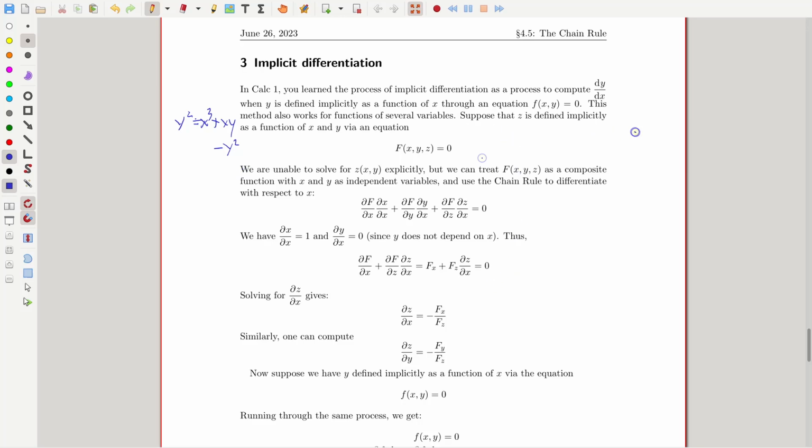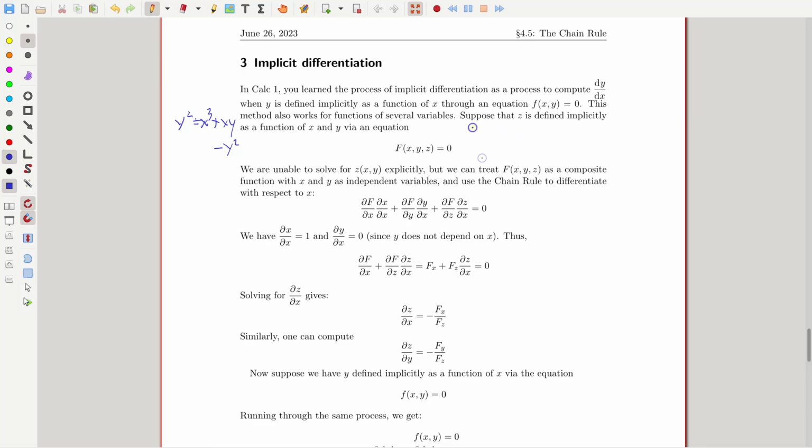Okay, so what happens is that now that we have partial derivatives, we're actually able to get a faster way to compute this implicit derivative. But first I'll talk about what this says for higher variables.